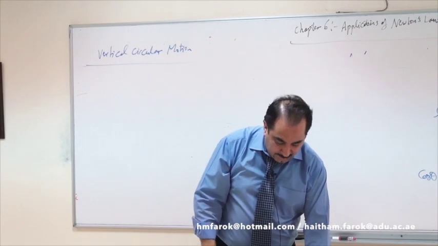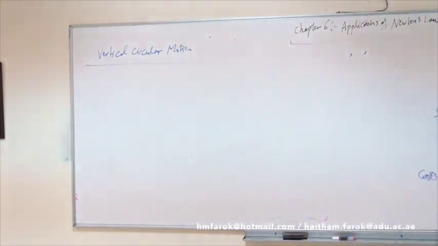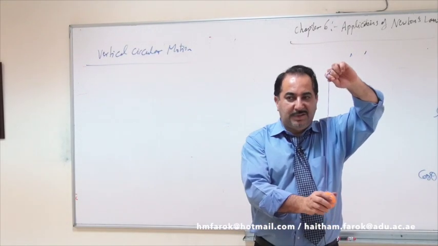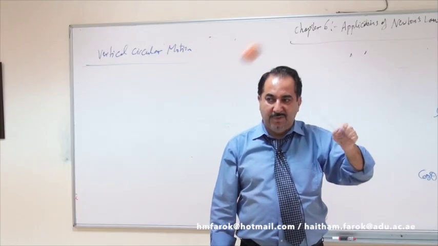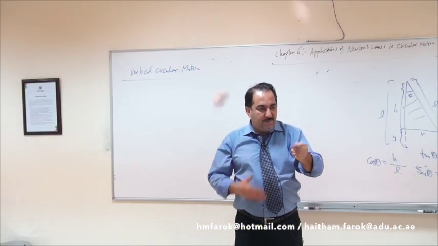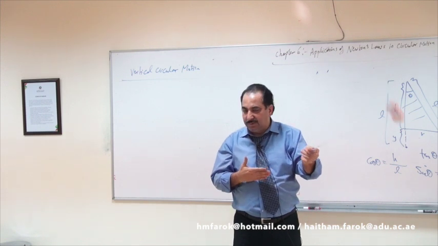Now, if you remember at the beginning of the class, I said that when we have vertical circular motion, we have to include the force of gravity. Now, if I do circular motion vertical, the plane of circle is in the plane of gravity, so gravity force has an effect on the circular motion. Yeah?